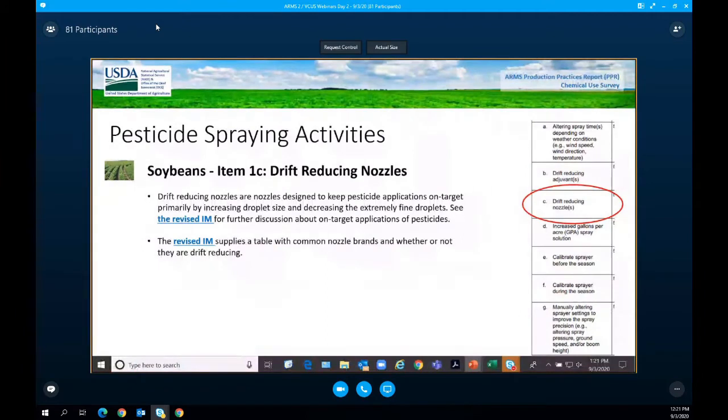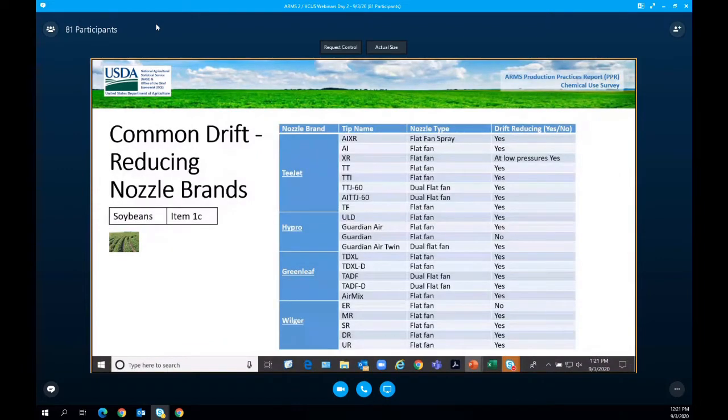Farmers might not know either, and for that reason, we've added a list of drift-reducing nozzle brands in the enumerator's manual. Farmers are very likely to know what type of nozzle they're using, and may or may not know whether it's effective at reducing drift. But you can know by checking the interviewer's manual.